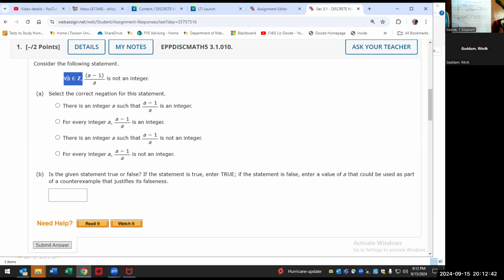That little a is the name of a variable. The upside down big A is the quantifier. So for all a in Z, the quantity a minus 1 over a is not an integer.